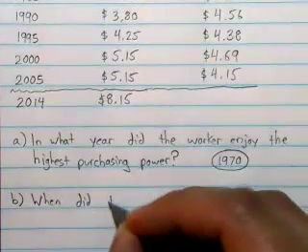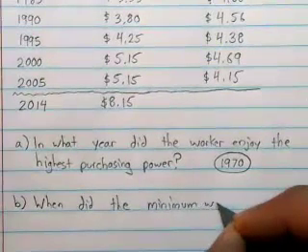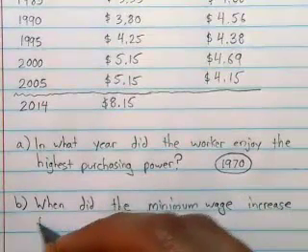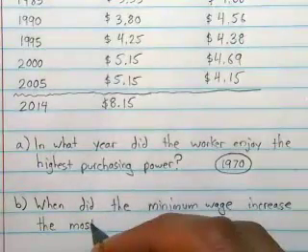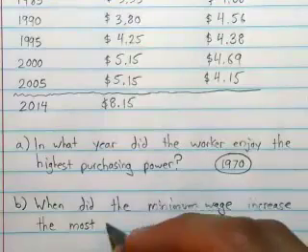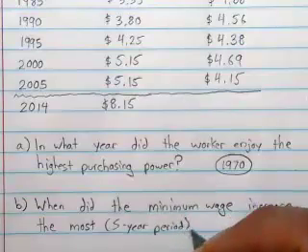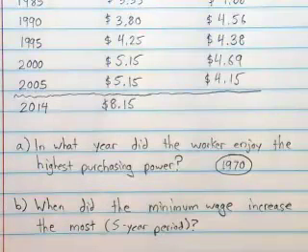When did the minimum wage increase the most? So between what period? Okay. So for this one, you could look at the table and try and answer this question, or if you want to look at the graph and see if you can get the answer from there, you could do that as well.